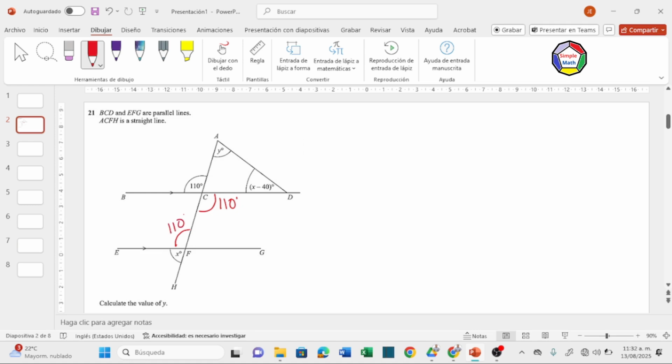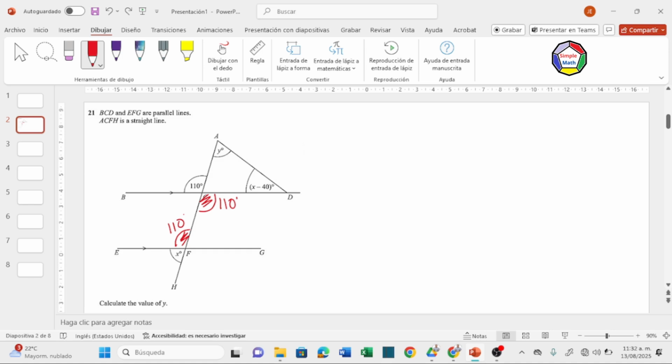Why? Because those angles are alternate interiors. This angle and this angle are alternate interiors, right? And the other reason is because this angle and this angle are corresponding. So you can see it in both ways.